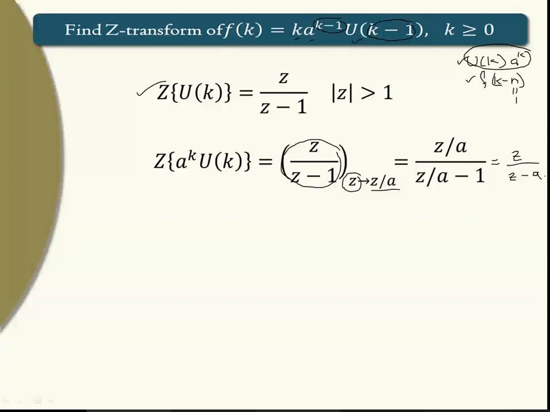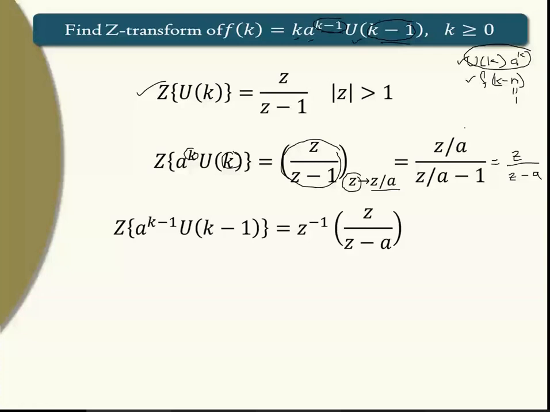Multiplying, dividing by a. Now, instead of k, we want k minus 1. So use this property f(k minus n). And the formula for f(k minus n) is z raised to minus n into F(z). This is that formula. But instead of n, we have 1. So it is z raised to minus 1 into this term. Z raised to minus 1, z get cancelled.